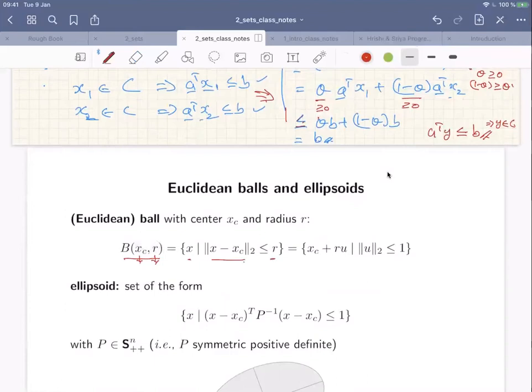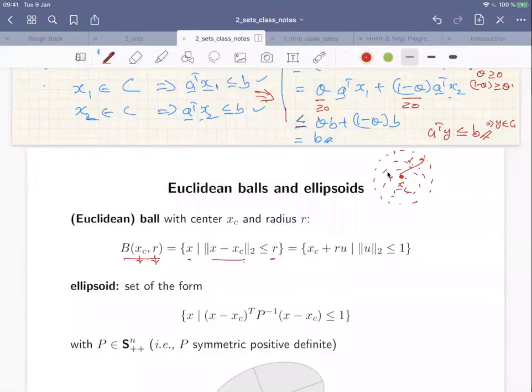You have a center xc, and this is similar to the definition of a circle. It is the set of points where the distance from xc is either r or less than r. That means the entire circular region here. So this is how we define the Euclidean ball.